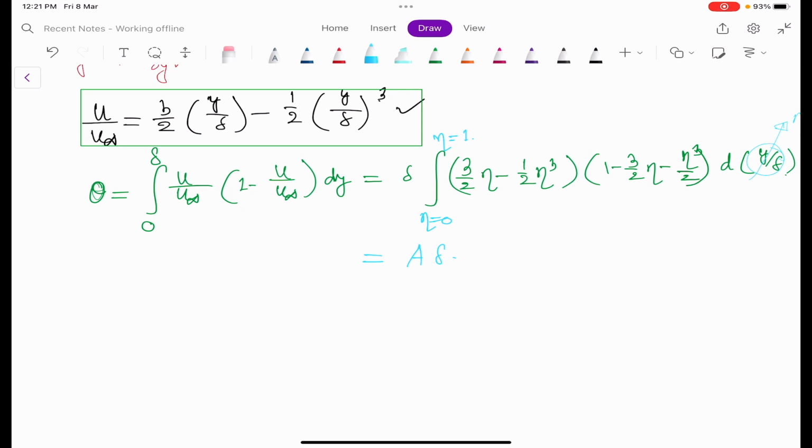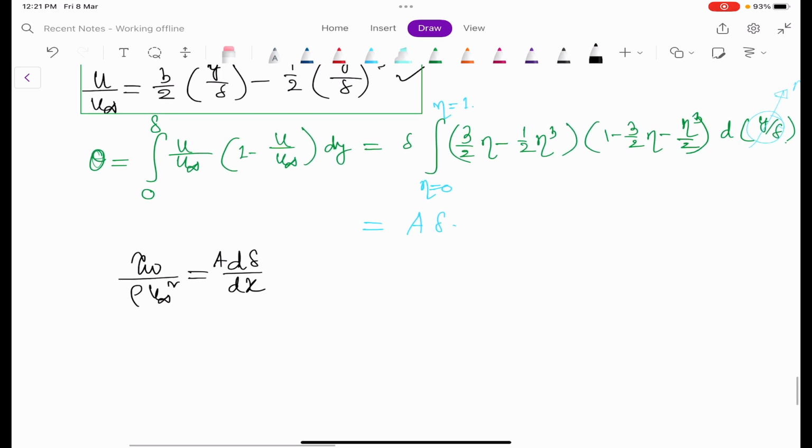Now you have to put it into the von Karman momentum integral equation. So tau wall by rho u infinity square equal to d theta dx, because a is a constant, it will come out of the derivative. Now you see that tau wall is mu into du dy at y equal to 0, by rho u infinity square, so this will be a into d delta dx.